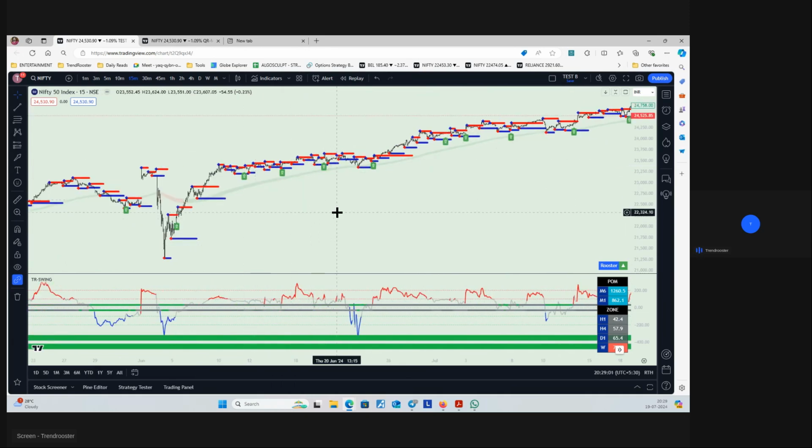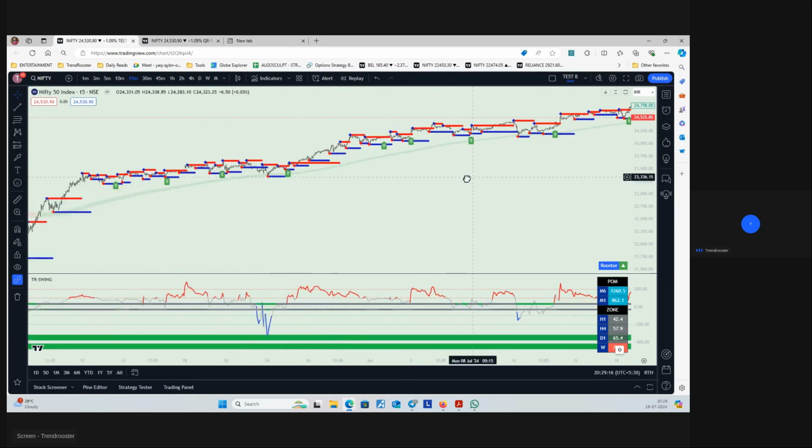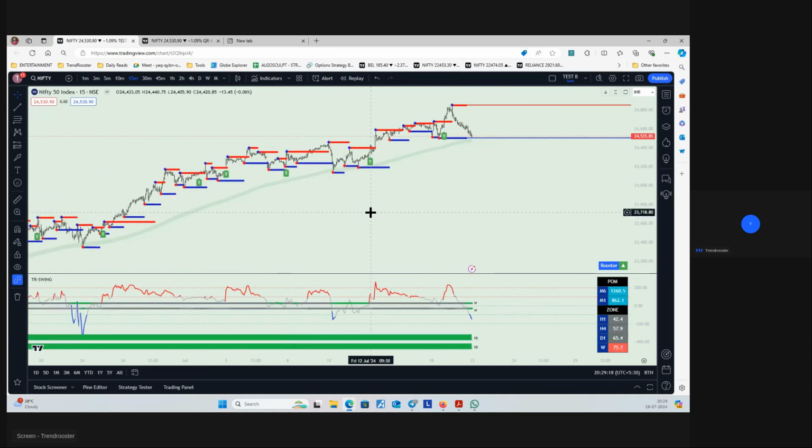With this method, we also captured Dr. Reddy, PFC, REC Limited, those stocks, in November 2023. Yeah, we captured many of them and it still continues to work.